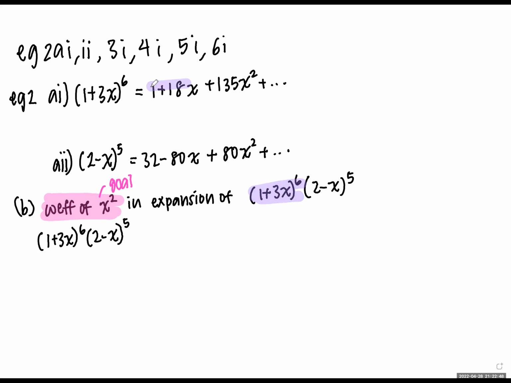The power of 6 is this whole thing, right? So just copy, paste. It's equal to 1 plus 18x plus 135x squared plus dot dot dot. Copy, paste. Next, the power of 5 is referring to this whole thing expansion, right? So the same thing, copy, paste. Okay, do that now.